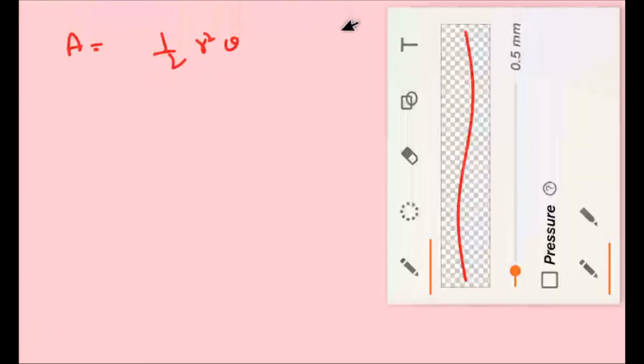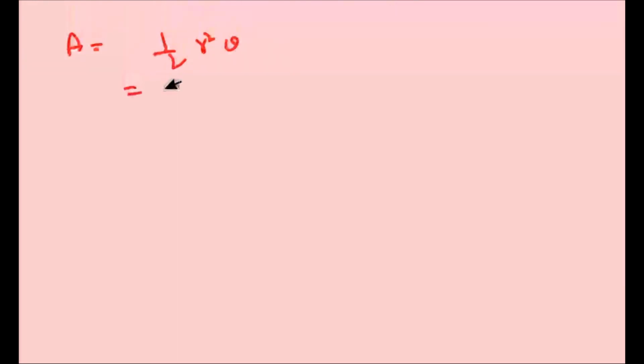So now you know the area of the sector is half R square theta. How can we get it?